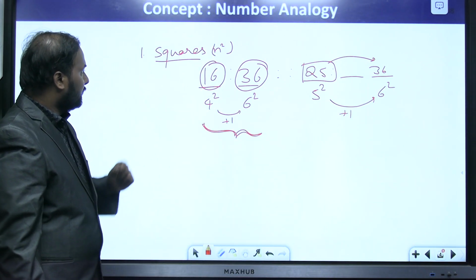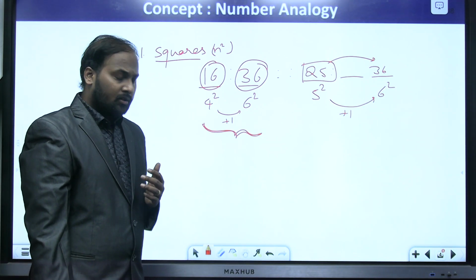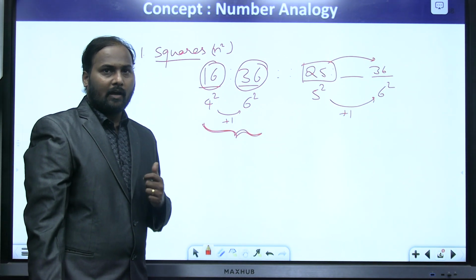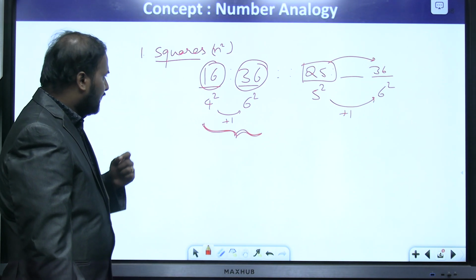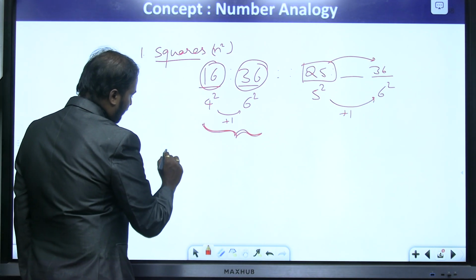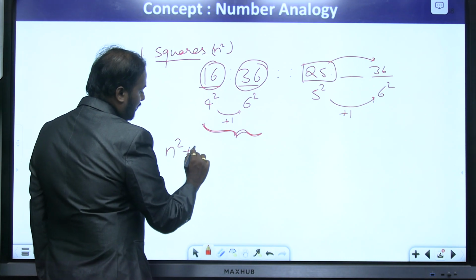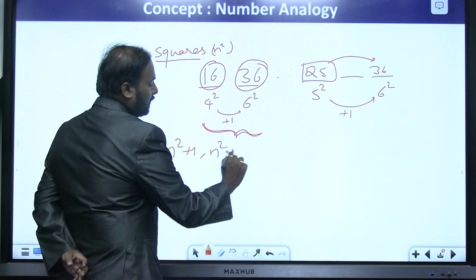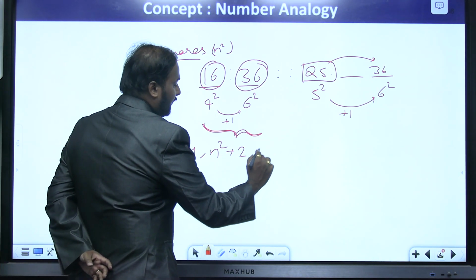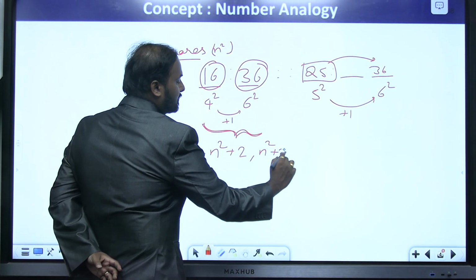Similarly, in the examination, not only squares, but values near the squares will also be asked. For example, we can expect questions of n square plus 1 type, n square plus 2 type, and n square plus 3 type.